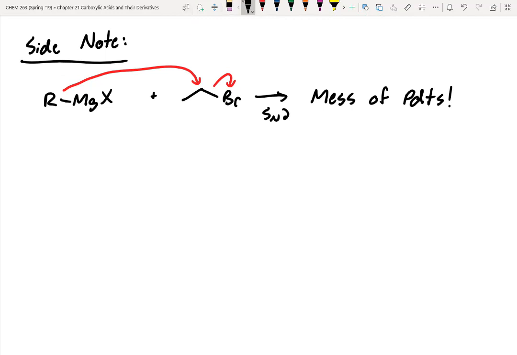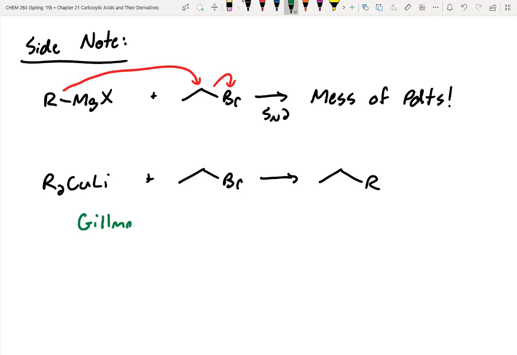All right. However, if we use the Gilman reagent, we can actually do SN2 chemistry with it. So Gilman reagents allow for SN2 reactions.